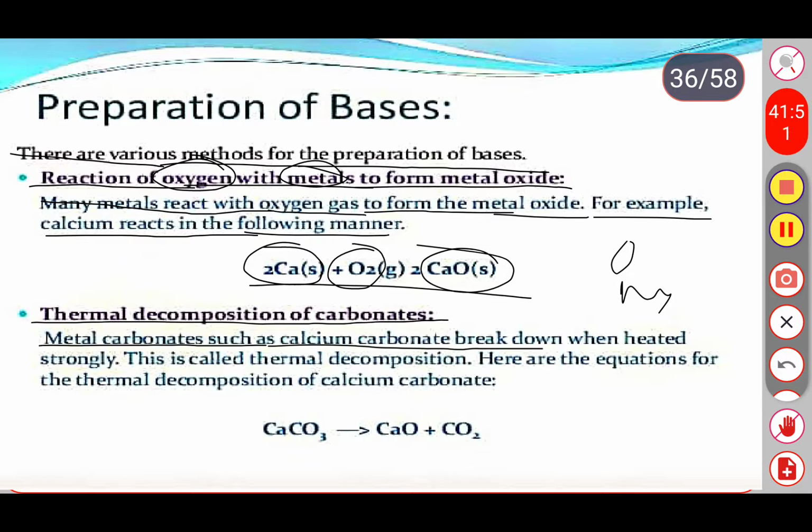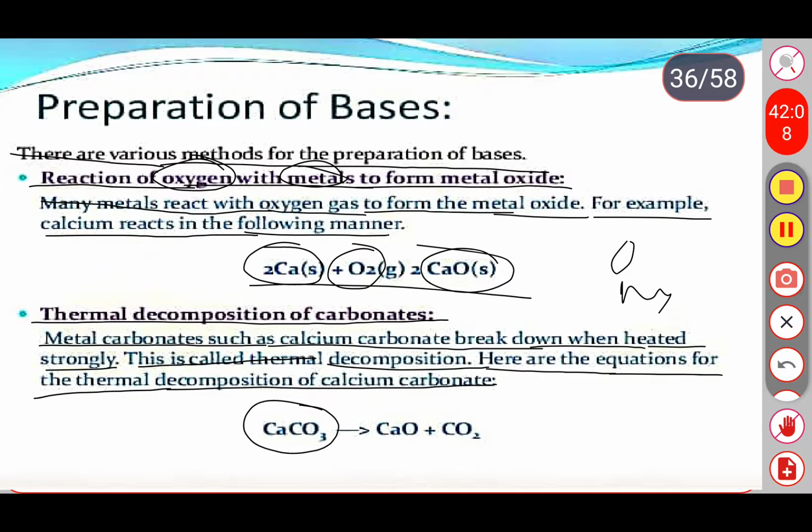Here is the equation: when calcium carbonate is strongly heated at high temperature, it decomposes into two simpler compounds, calcium oxide and carbon dioxide. Here calcium oxide is one type of base. So this is a method of preparation of the bases.